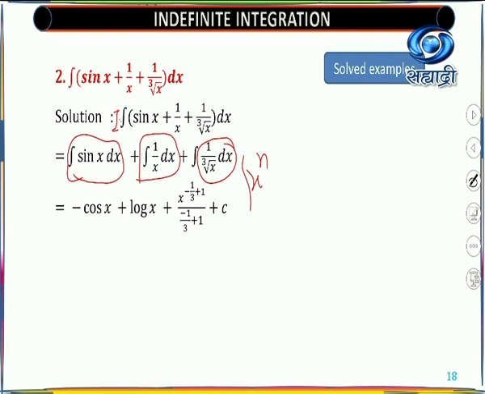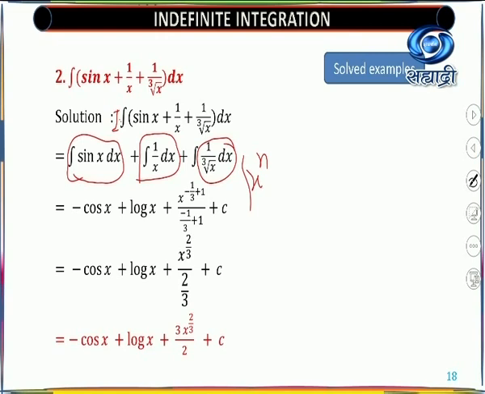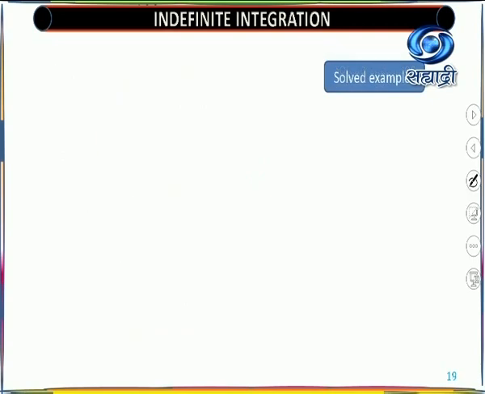Integration of sin x is minus cos x plus log x plus x raised to minus 1 upon 3 plus 1, upon minus 1 upon 3 plus 1. So finally you will get this as minus cos x plus log x plus x raised to 2 upon 3 upon 2 upon 3 plus constant of integration. Don't forget to write constant of integration. You must write constant of integration every time.